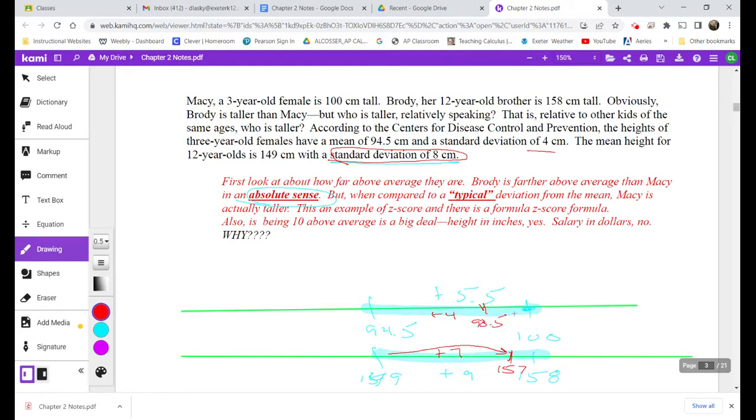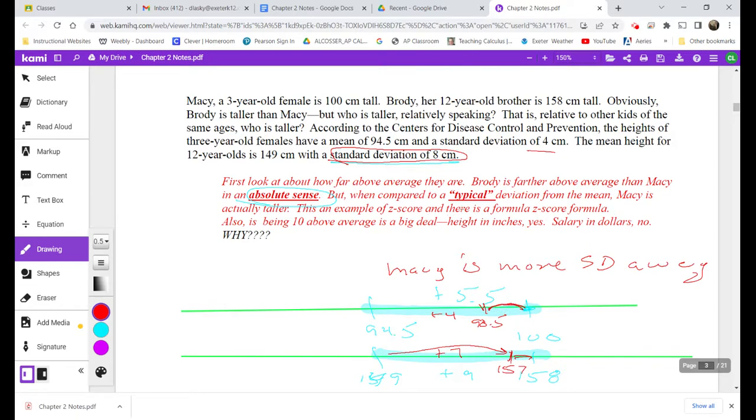So if you look at this, you realize that Macy is more standard deviations away than Brody. He's barely above the standard deviation. She's quite a bit farther than the standard deviation.